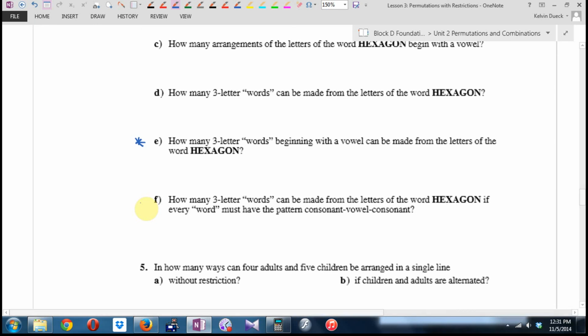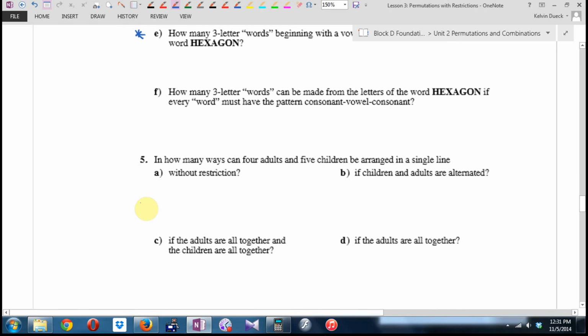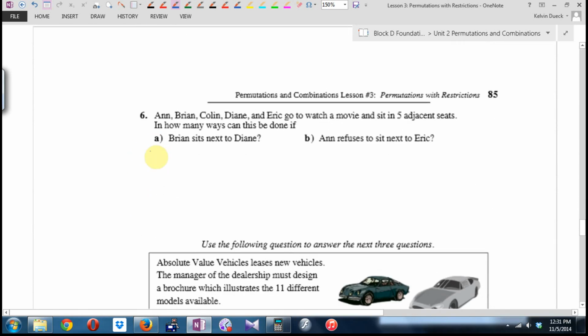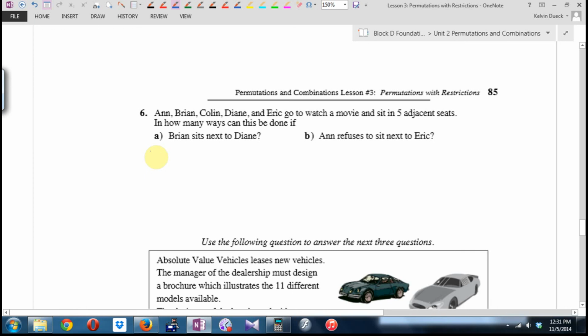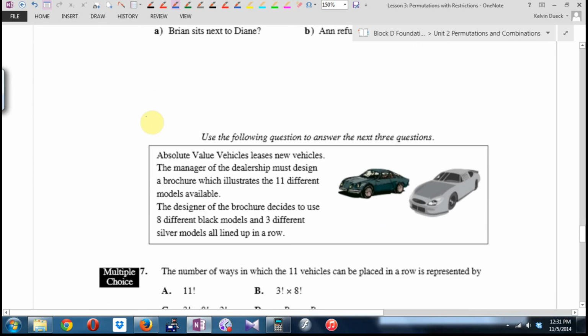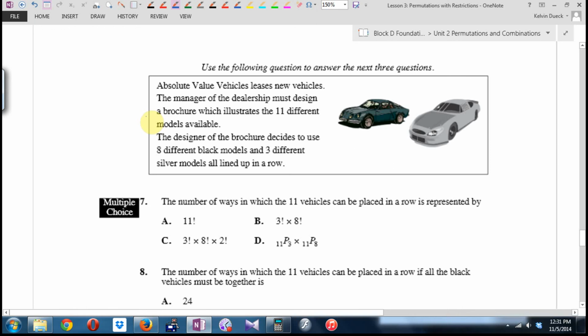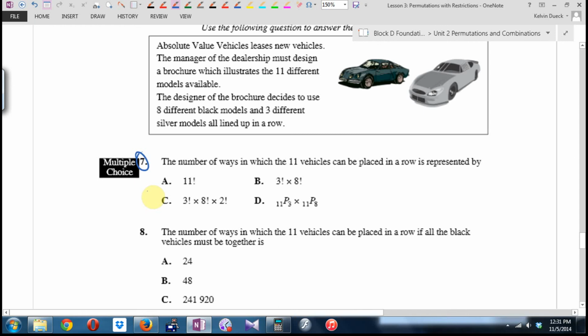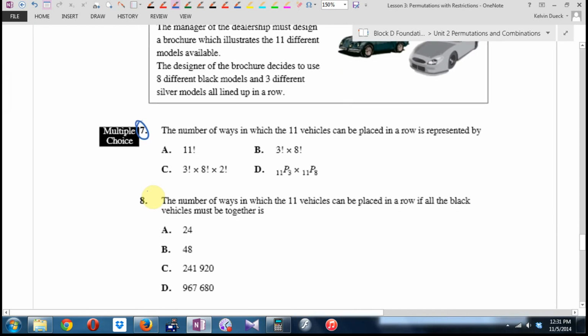F is fair game, though. 5 is good. Skip 6. Seven is good. Okay. 8 is good.